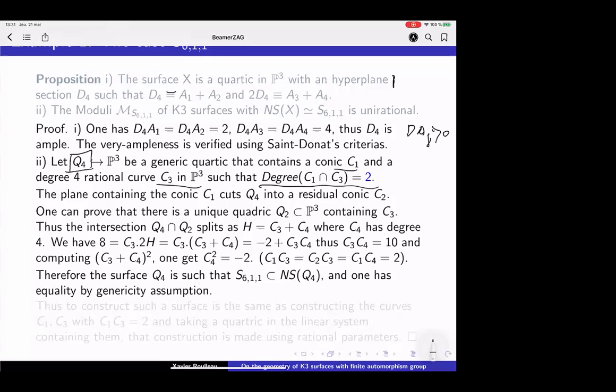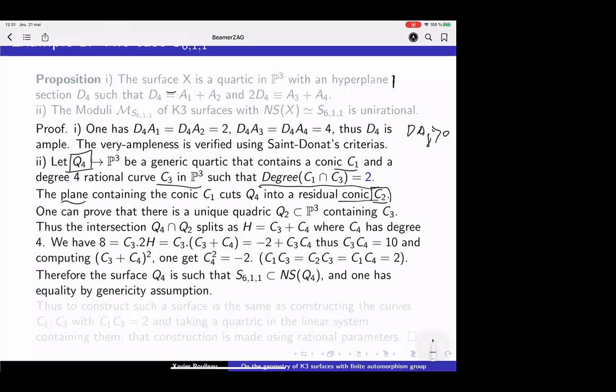Now you consider the plane that contains the conic, and there is a residual conic, so that gives you a second conic contained in your K3 surface Q4.